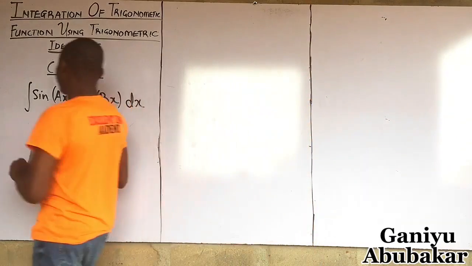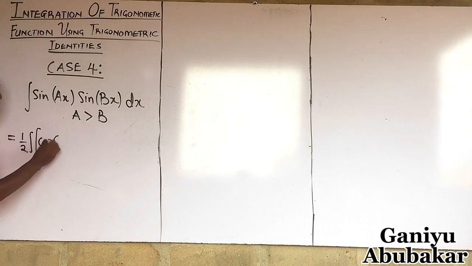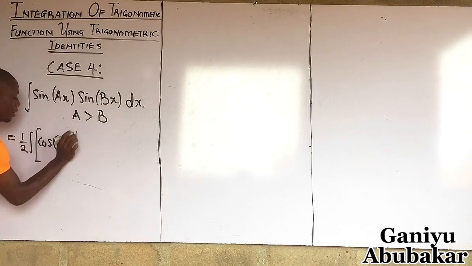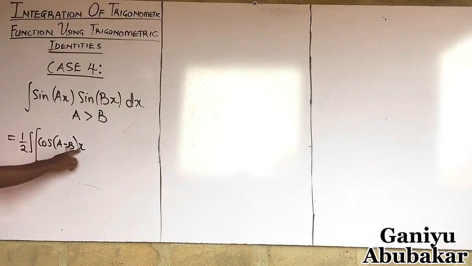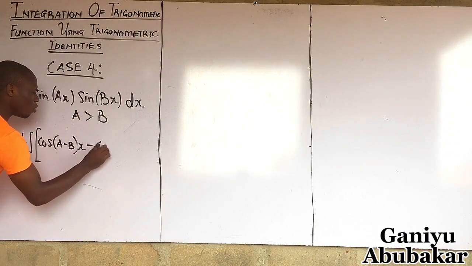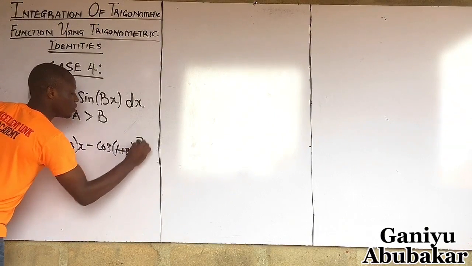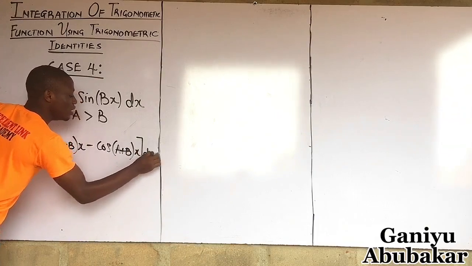For this one here, the mathematical expression becomes half integral of cos (a minus b)x, minus cos (a plus b)x, with respect to x.